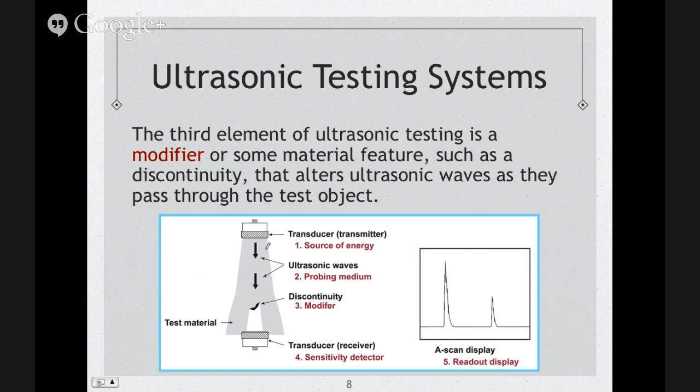In the pulse echo, with this being the transmitter and the receiver, it would pick up the sound wave and give you another spike up here. Being a through transmission, if you have any type of break in that path of sound, it is going to affect the amplitude of your spike on your screen.